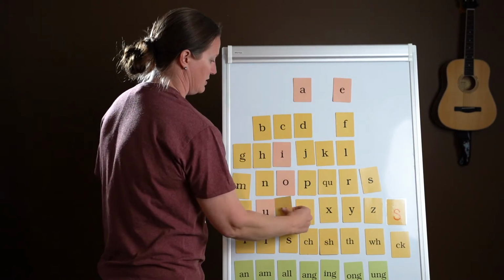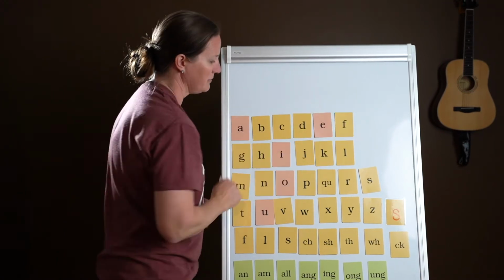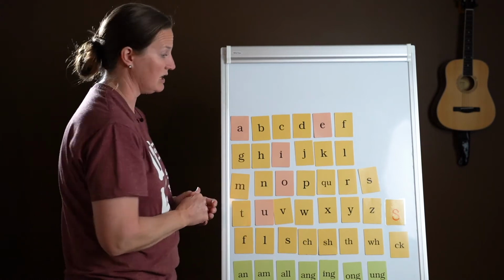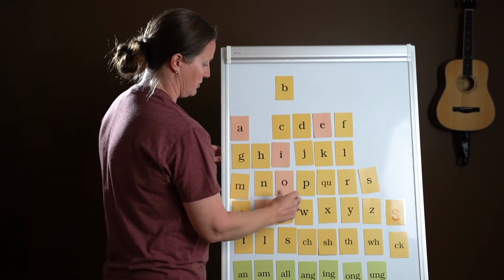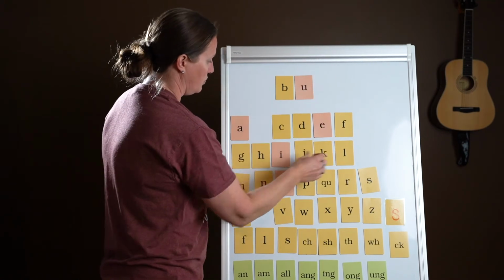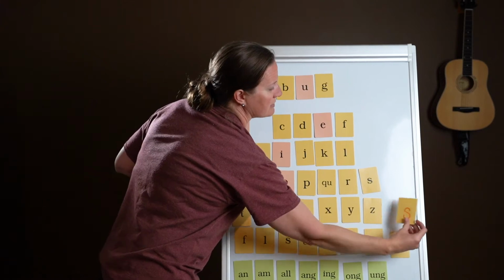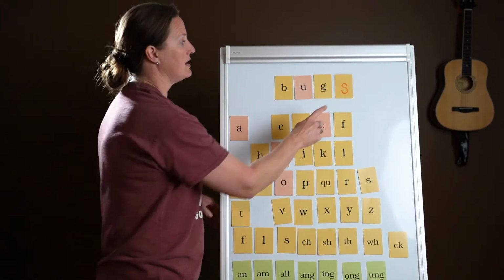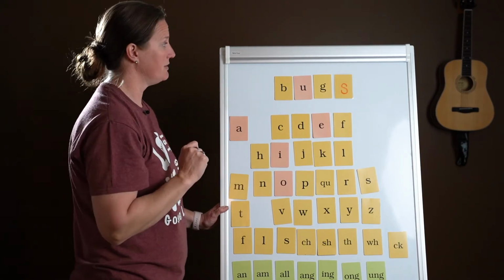All right. I want to show you one more thing before we talk about marking up the magic E. Remember a long time ago, we learned that the suffix S at the end of a word can make the S sound, or it can also make another sound.